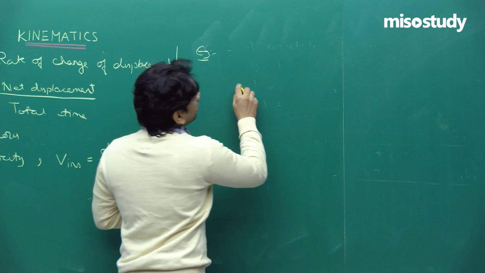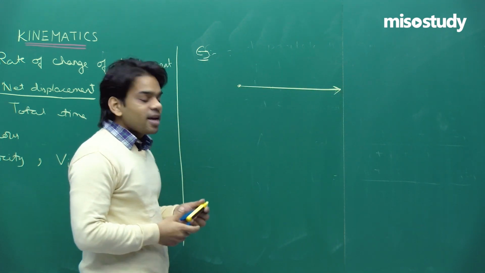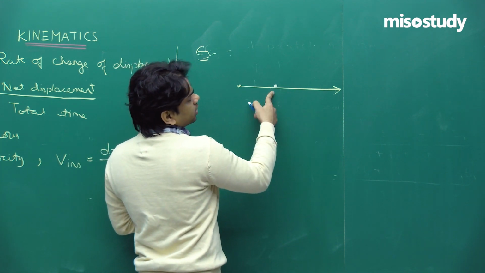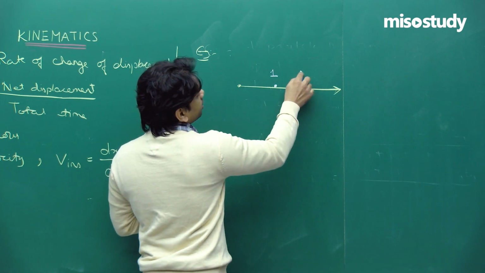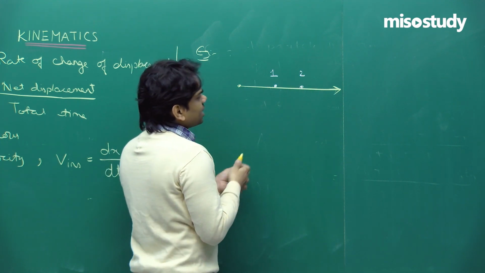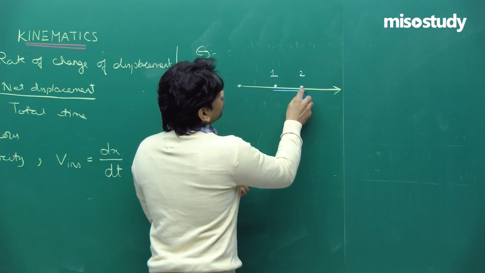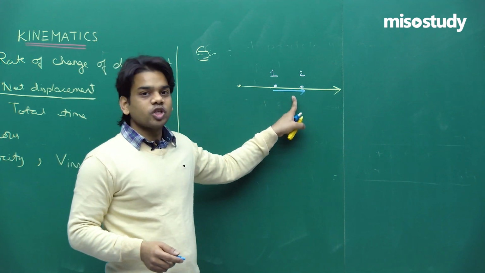A body is moving along a straight line. At some instant it is at one point, and after some time it reaches a second point. So the change in displacement direction will also be along the same straight line. So the instantaneous velocity will be along this same straight line.